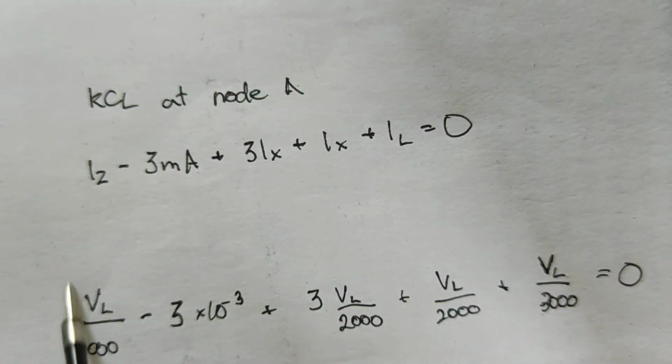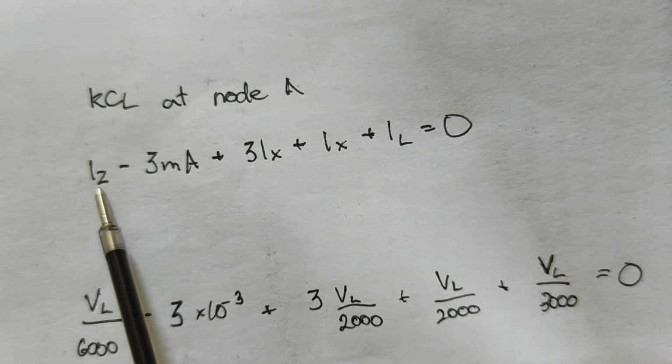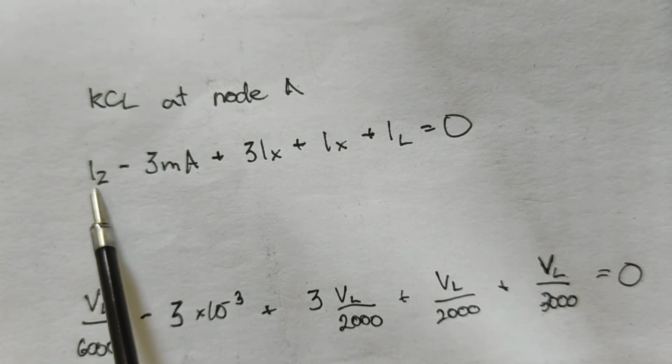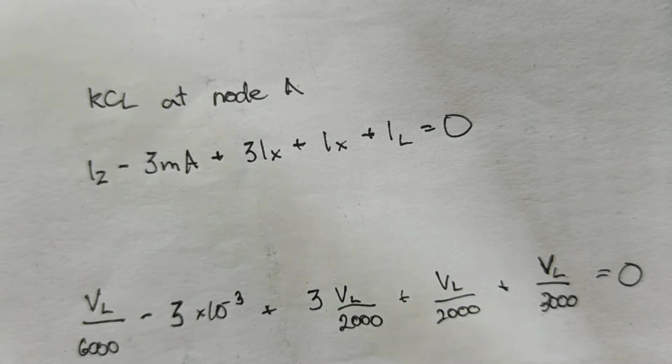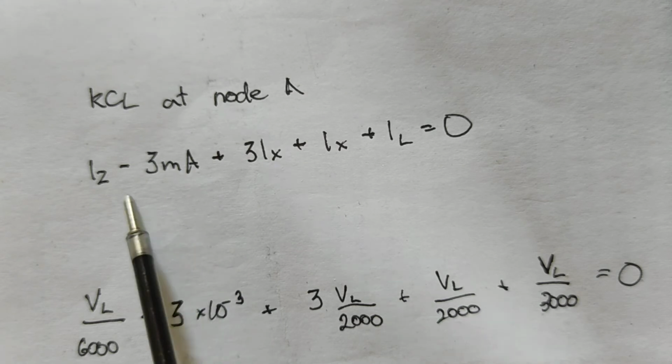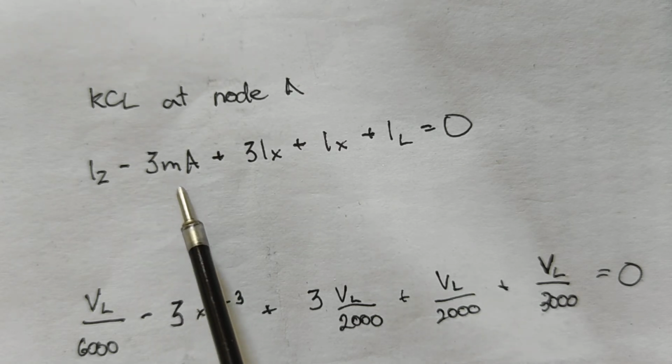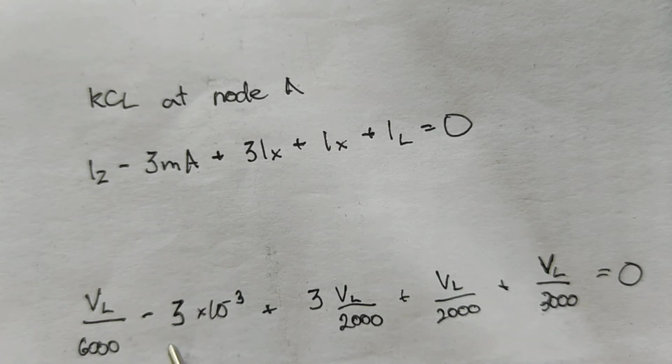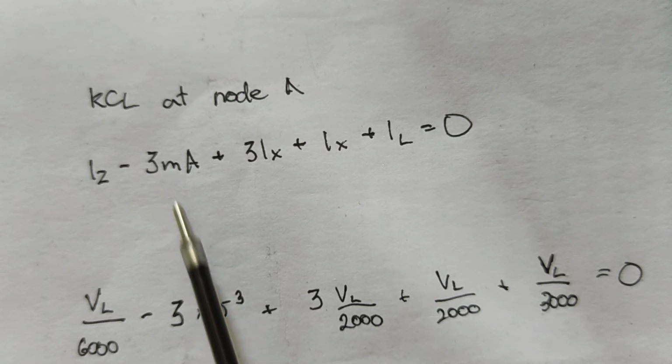For Iz, we know that Iz is equal to VL over 6000. Then just copy this current, 3 milliamps.